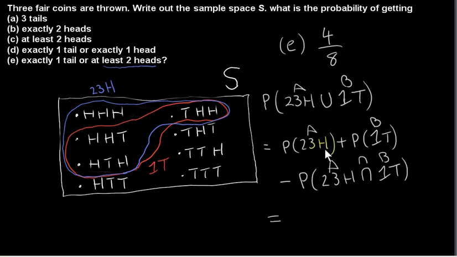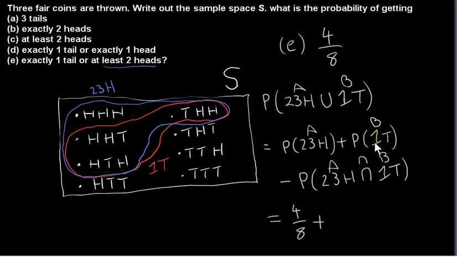So let's just go through this problem this way. We know the answer is 4/8, but let's just look at these separate probabilities. The probability of getting the event at least 2 heads is 4 over 8. That's this probability here.